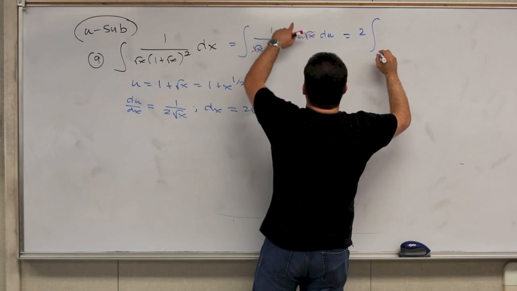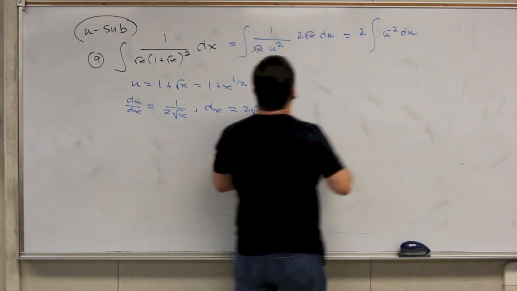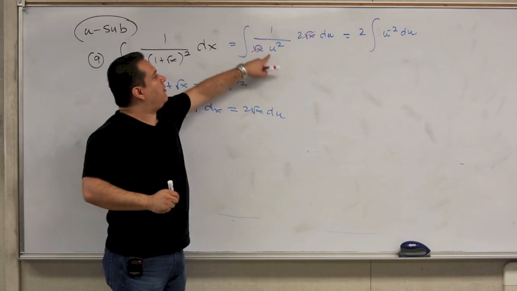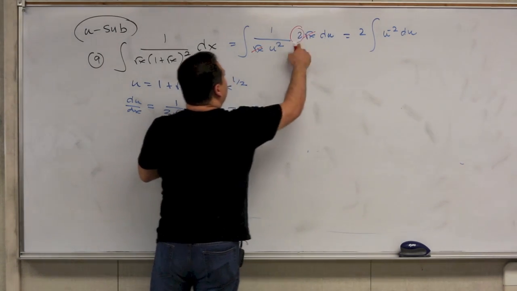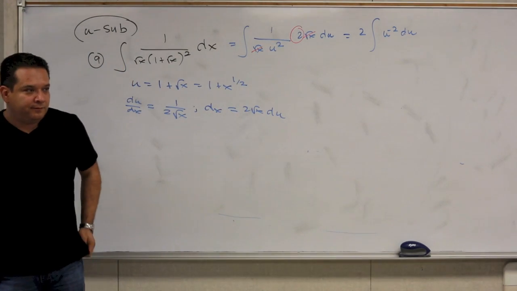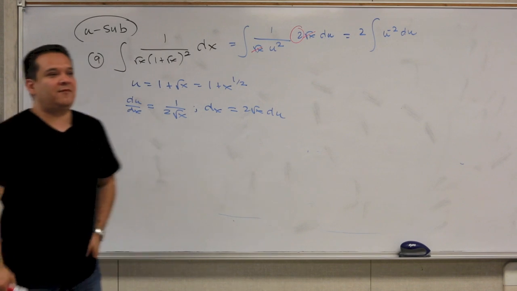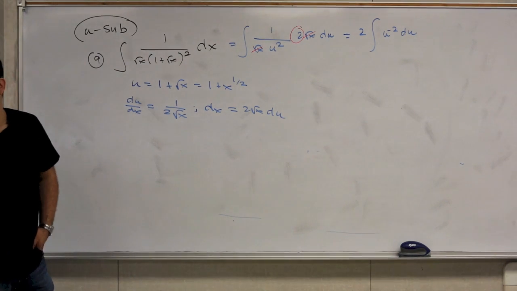Pull out the constant 2. u to the minus 2 power du now, right? That's 1 over u squared. So if I cancel and bring out the constant 2, then it's u to the minus 2 power. Okay, you guys okay with this?